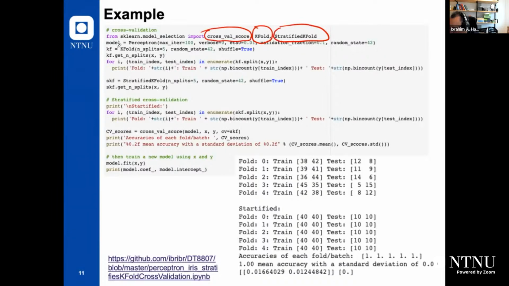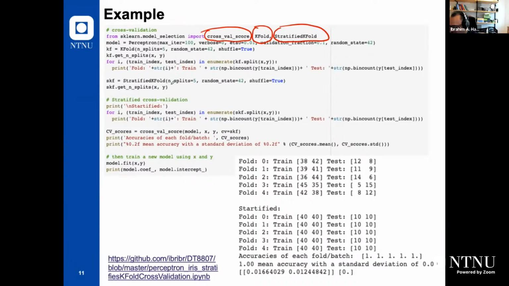And I will use k-fold. When you use the function k-fold, the input to this function will be the number of splits, k for example, and random state, and shuffle equal true. So each time it splits, it will shuffle. In this case, I will split my data into k folds, and I will train my model using k-1 folds and test on the remaining one.